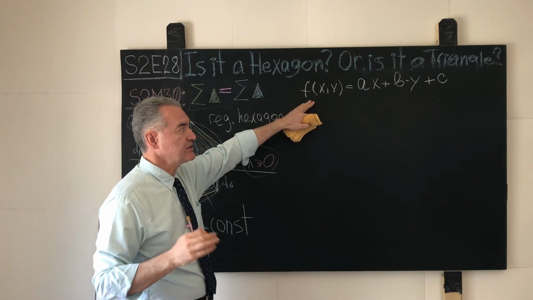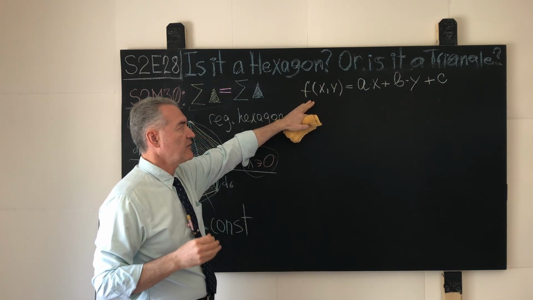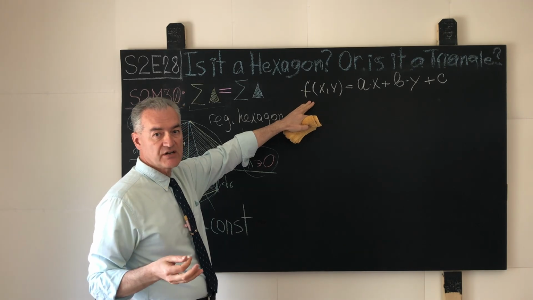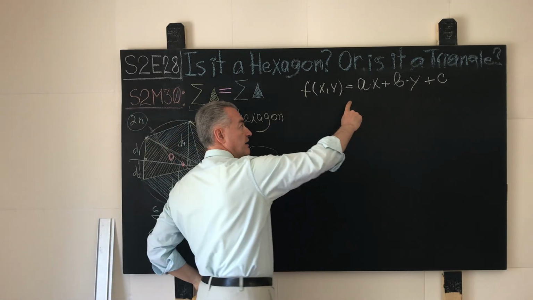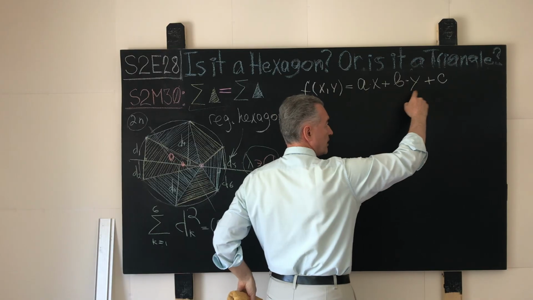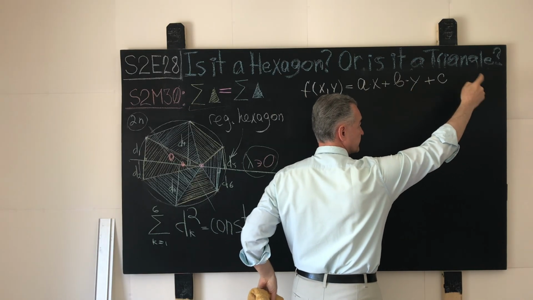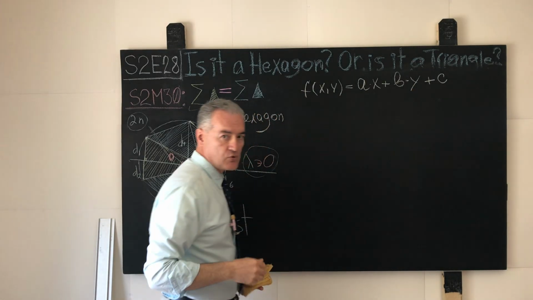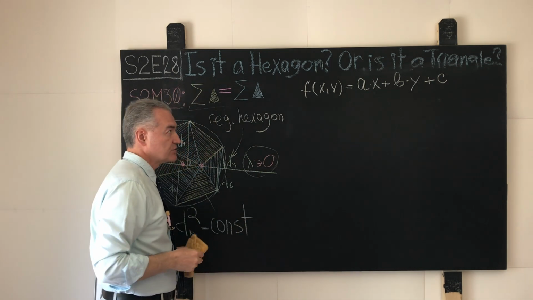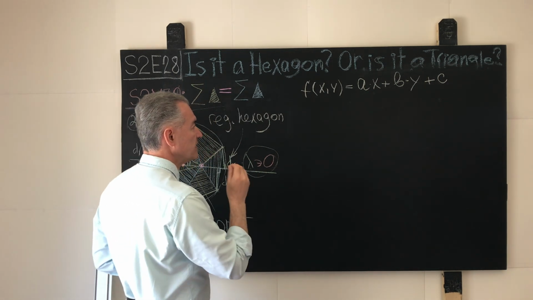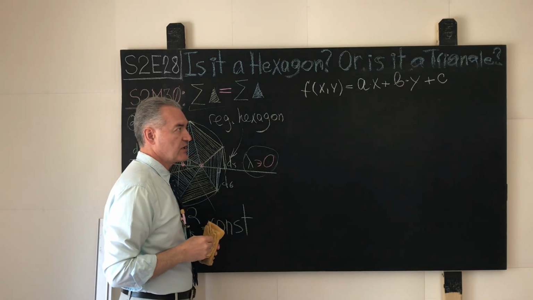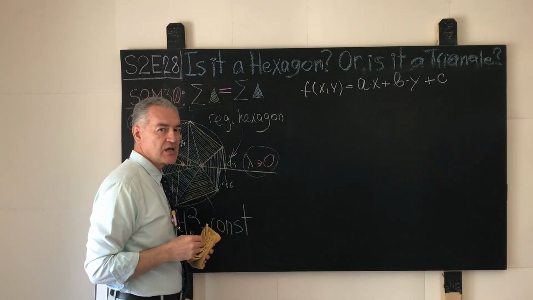And for example, it's easy to understand that the affine function in three variables will be what? a times x plus b times y plus c times z plus d, and so on. 4, 5, 6, 7, 17 variables, and so on. Now, the interesting thing with these affine functions is the following.